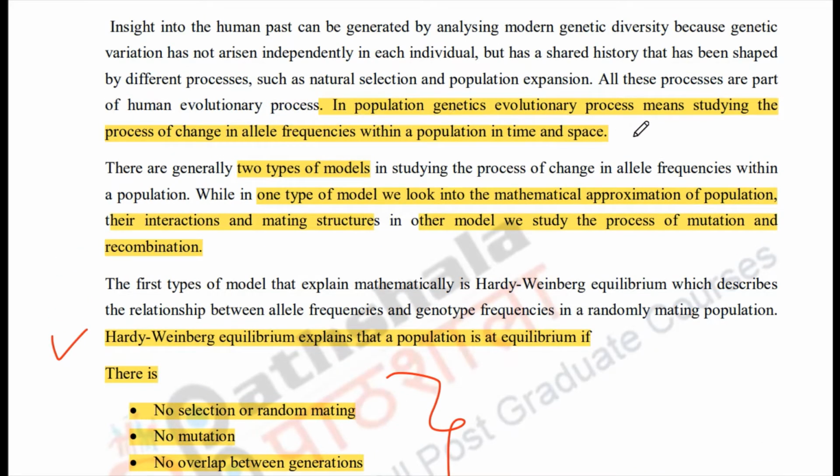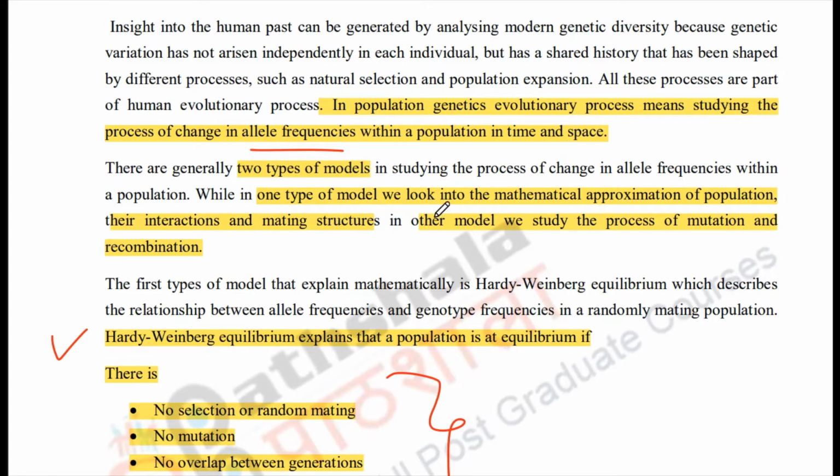So in population genetics, these evolutionary processes mean studying the changes in the allele frequencies within a population in a given time and space. We generally study these models in 2 ways.